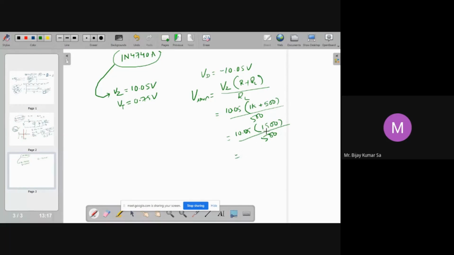How much is it coming? VI minimum. 30.15 volts. So this is the answer. This is the minimum VI you must apply so that the zener diode gets on.